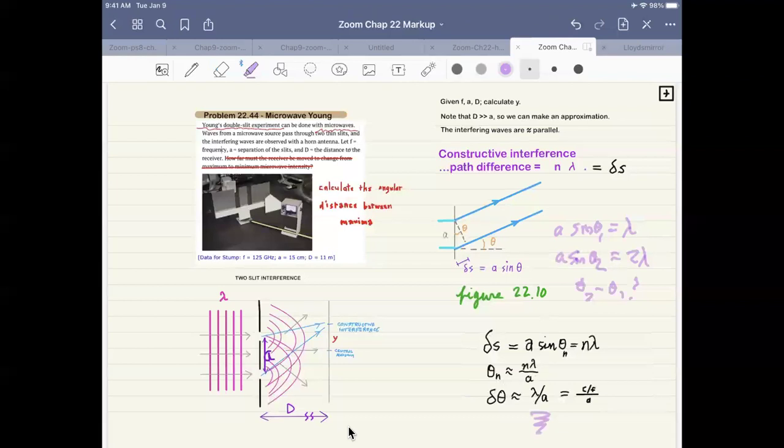So I have to remember that all electromagnetic waves, including the microwaves, travel at the speed c in empty space. So lambda would be c over the frequency, and then divide by the distance between the two slits, A.